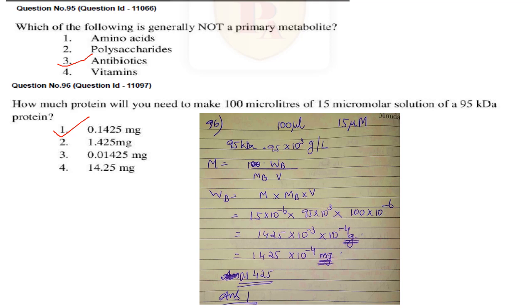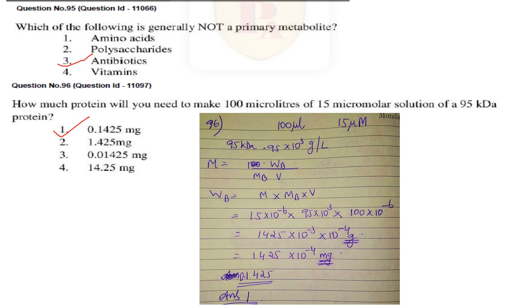Then next one. How much protein will be needed to make 100 microliter of 15 micromolar solution of a 95 kDa protein? So 95 kDa is 95 into 10 raised to 3 grams per mole. Molarity is given by W by M into V, where W is the weight, M is the molecular weight, and V is the volume in liters.